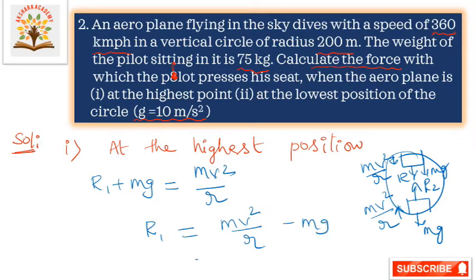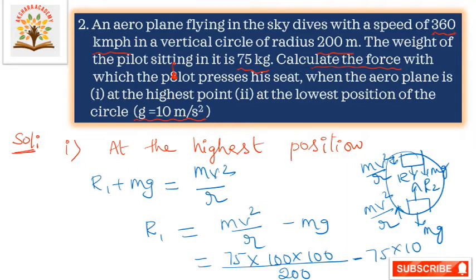Now substituting values, 75 into v square, 100 into 100, by r, given as 200, minus m into g, 75 into g value 10. m is given as 75, and v here is 360 km per hour.